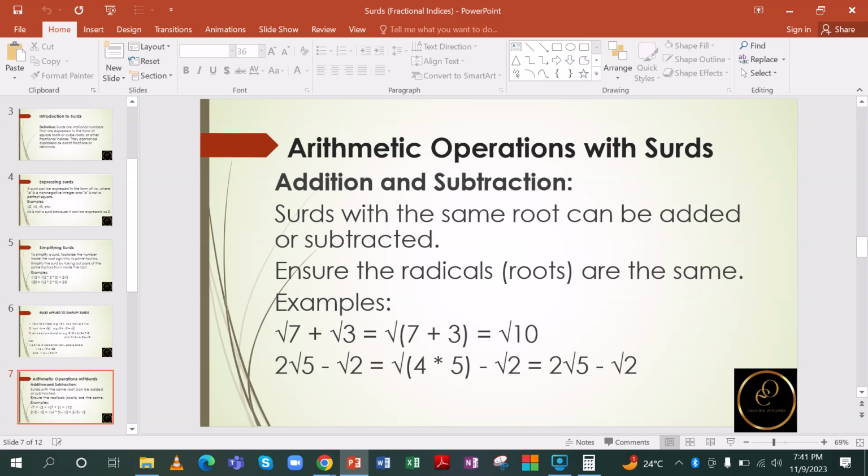So what are you going to end up having? It will come back to the same: 2 times root of 5 minus root of 2. What is being demonstrated there is that where you have this type of arrangement, remember to be creative enough to manipulate the figures under surds in this manner.